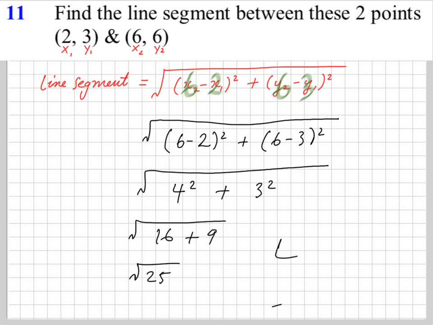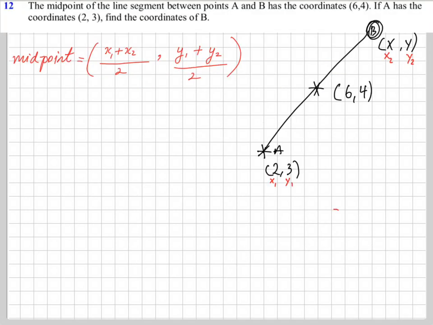So we know our line segment is equal to 5. Oh my goodness, 5. We're going to move on to the next question.